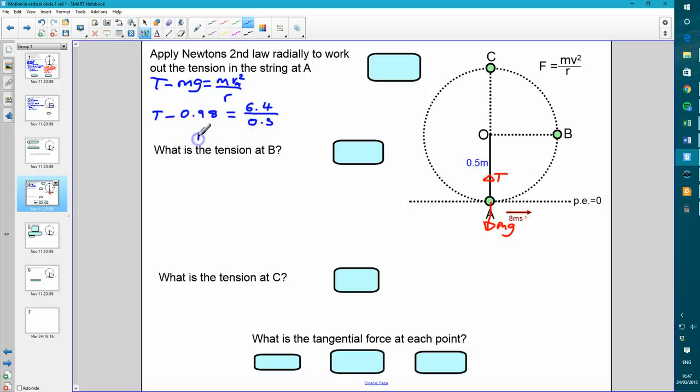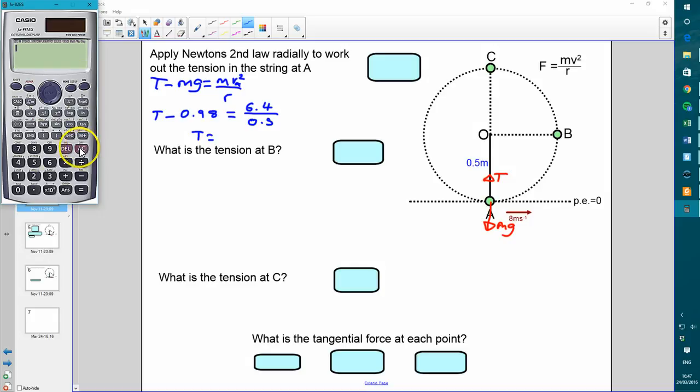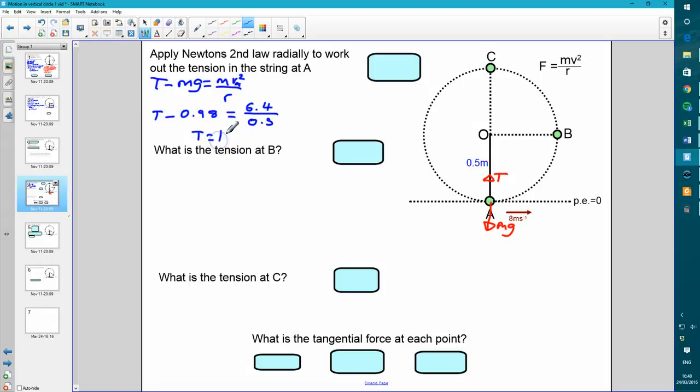So my tension is going to be equal to 6.4 divided by 0.5, which is 12.8, and I'm going to add on 0.98. And that gives me 13.78, so my tension is going to be equal to 13.78 newtons.